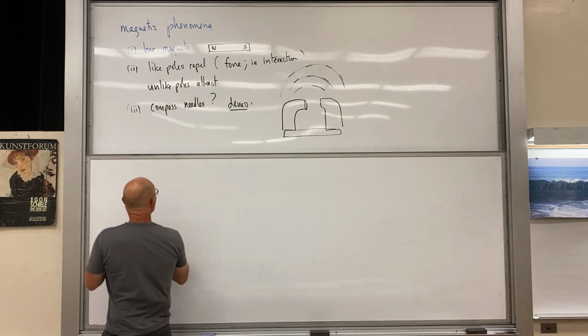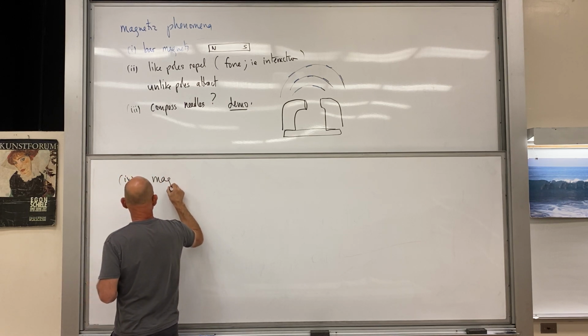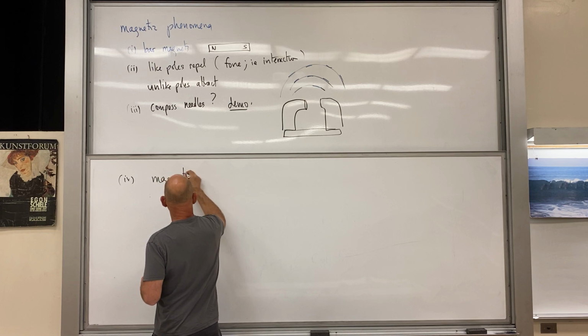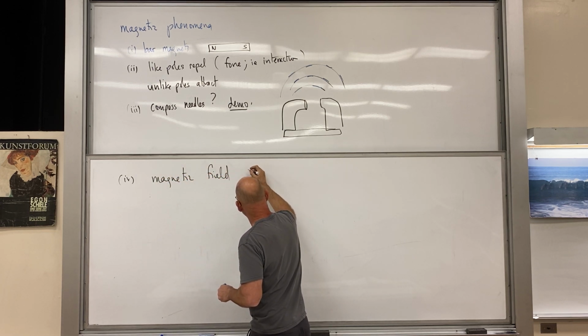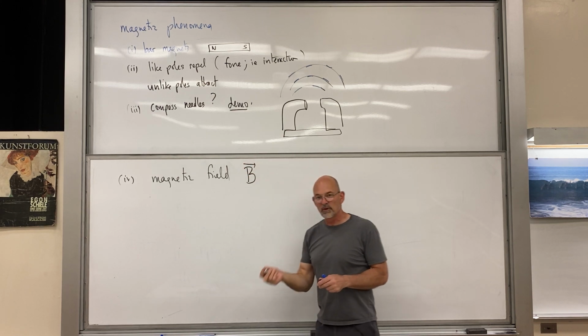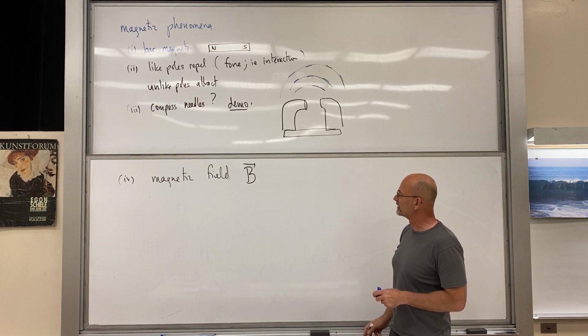So I can already talk about the magnetic field. And it is a vector. And I've tried to make it visible with those demonstrations there. It gets the name B. So B with a vector field, that's magnetic field.